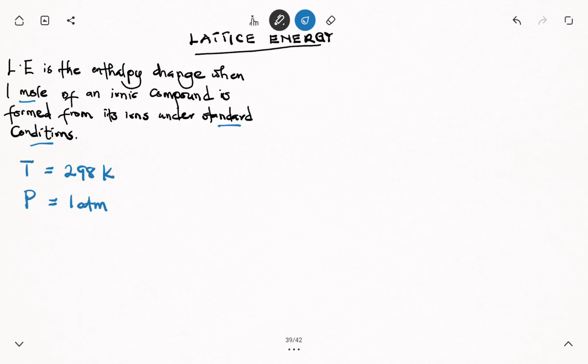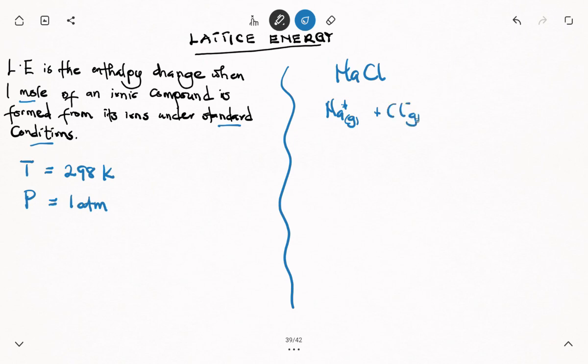So for example, if you take an ionic compound such as sodium chloride, NaCl, to form this ionic compound, we need sodium plus to be in the gaseous state. We are also going to need chloride, Cl minus, in a gaseous state.